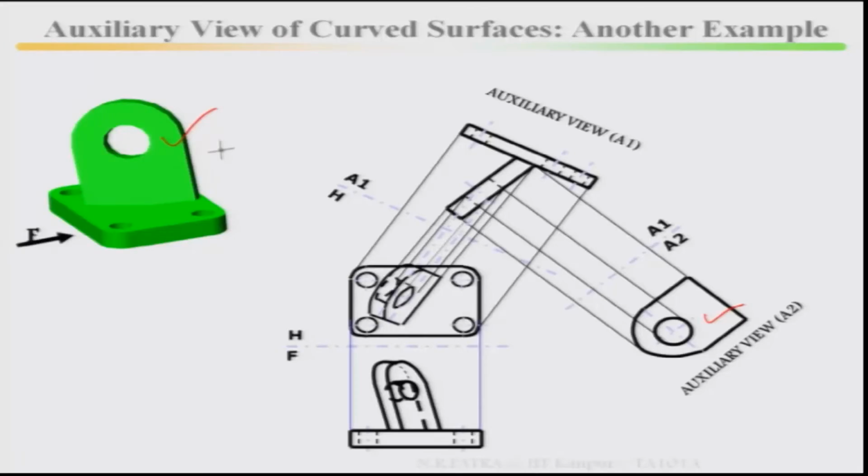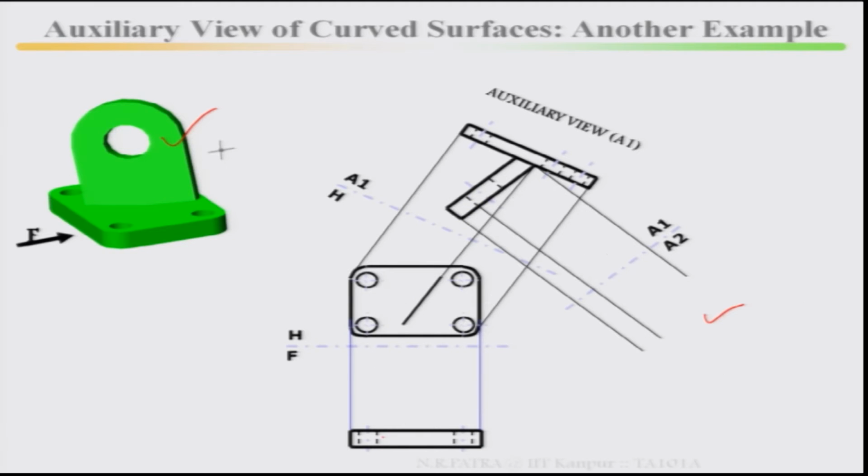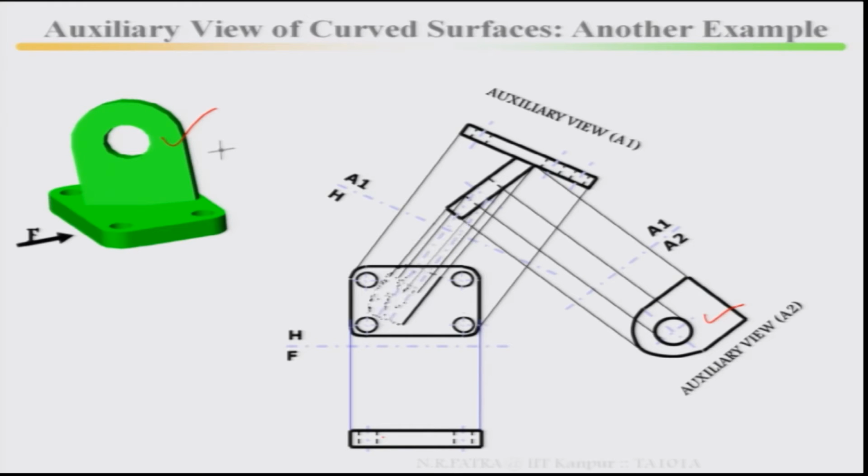This is a reverse process, because if you want to draw front and top views, you cannot locate the curved surface features directly. Rather, you go for auxiliary view 1 and auxiliary view 2. From there, project back to the top view and front view, then you can locate the respective views of the curved surface.